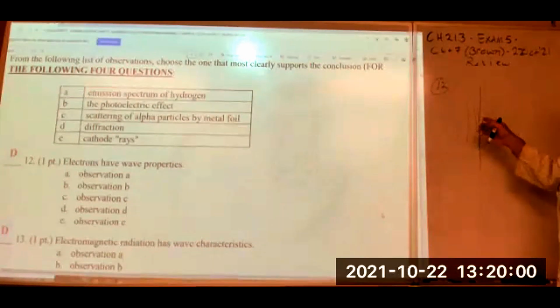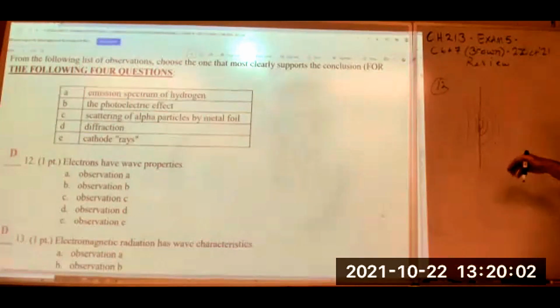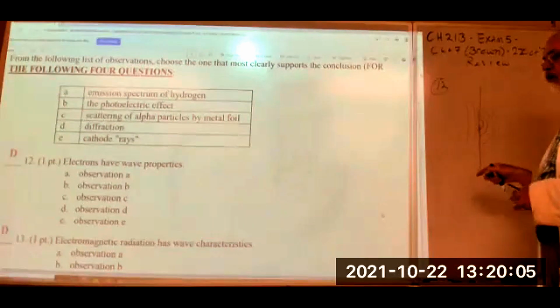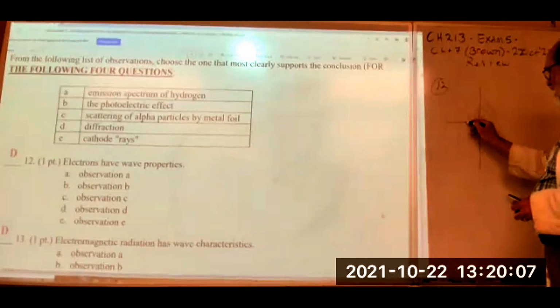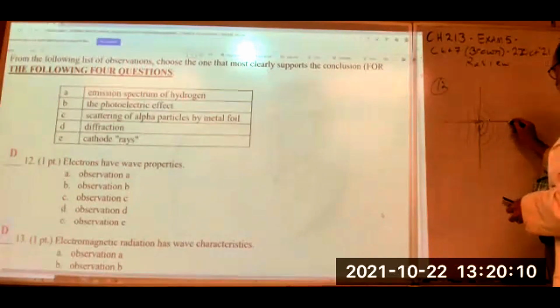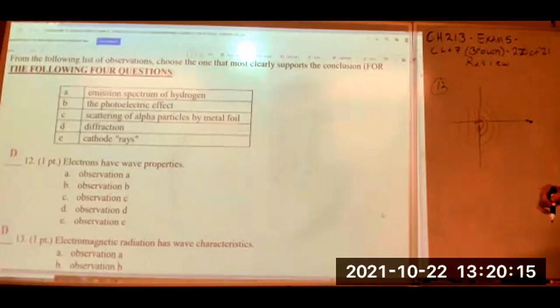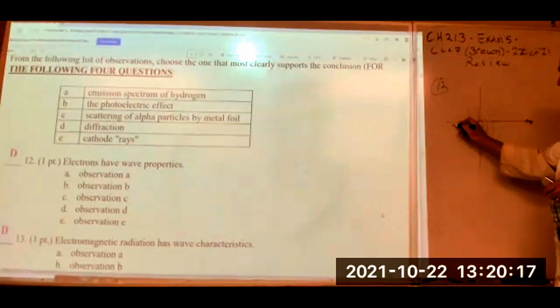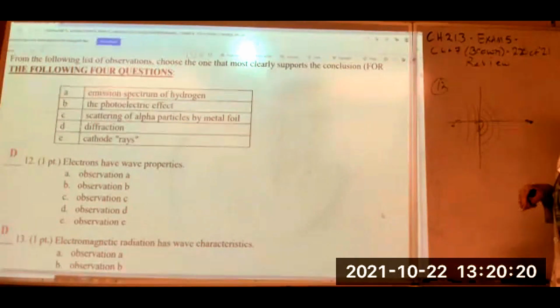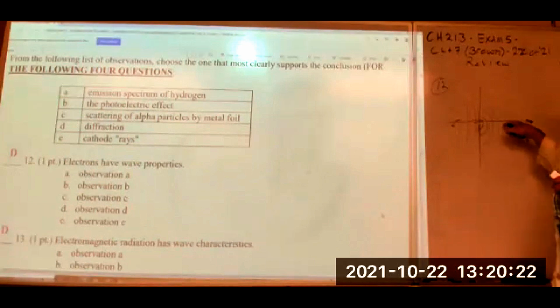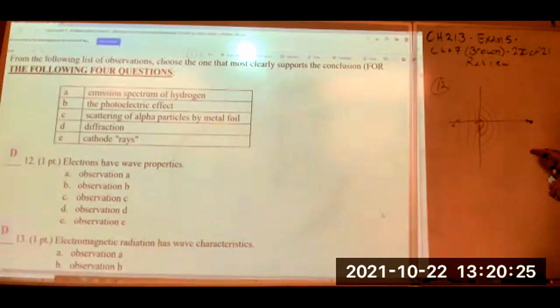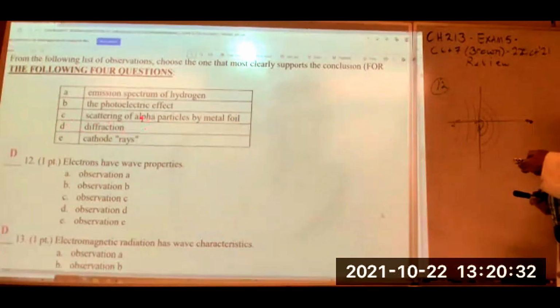If electrons are only particles, then they would come in here like this, and they would end up over here like that. But we also know that electrons, if we pass them through a small enough slit, will do that. You'll be able to detect it out here. So electrons also have wave properties, and they exhibit this characteristic, diffraction.